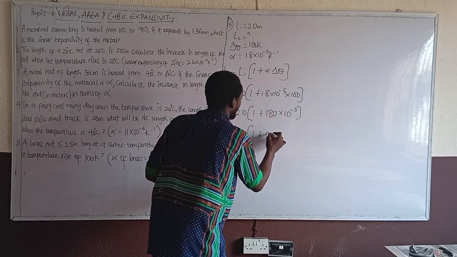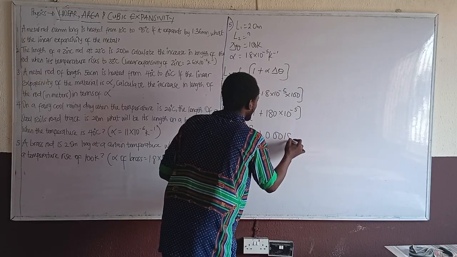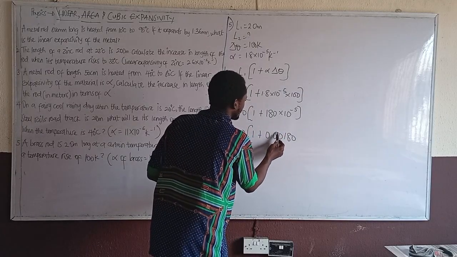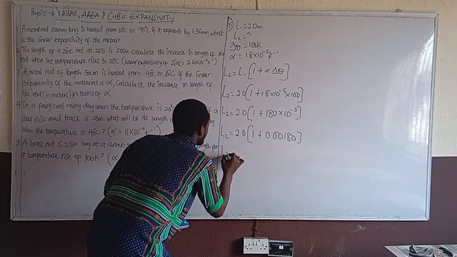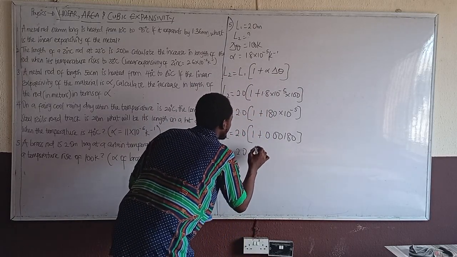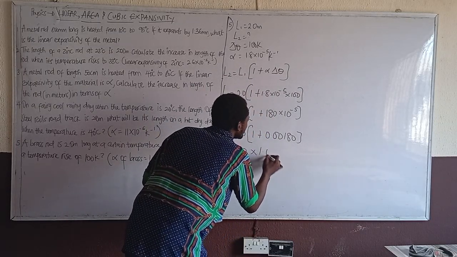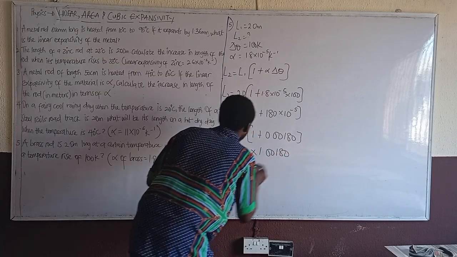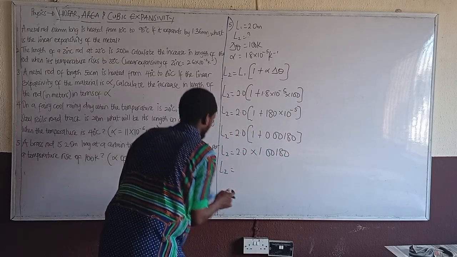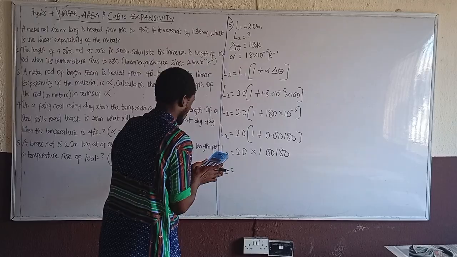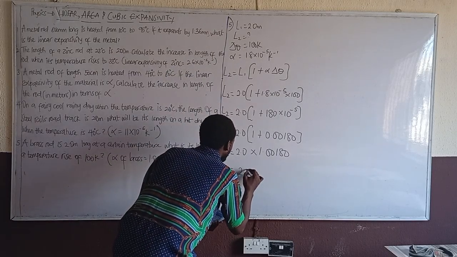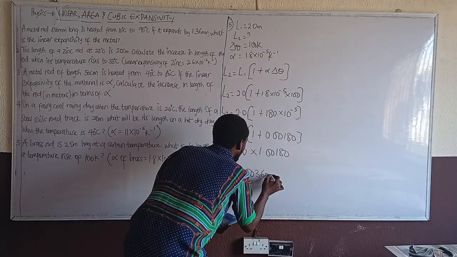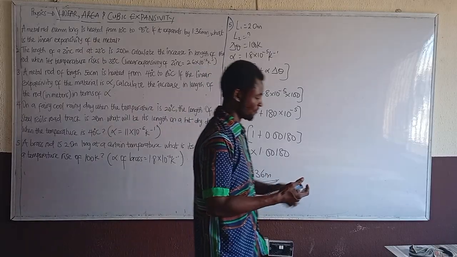So here becomes 0.00180. That is 1, 2, 3, 4, 5. So L2 becomes 2.0 times 1.00180, which is 2.0036 meter. So that is number 5.